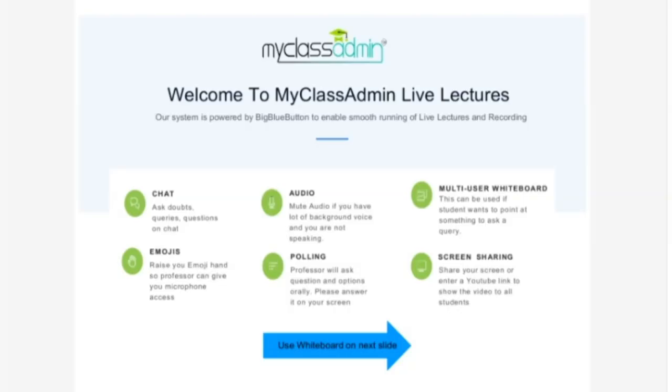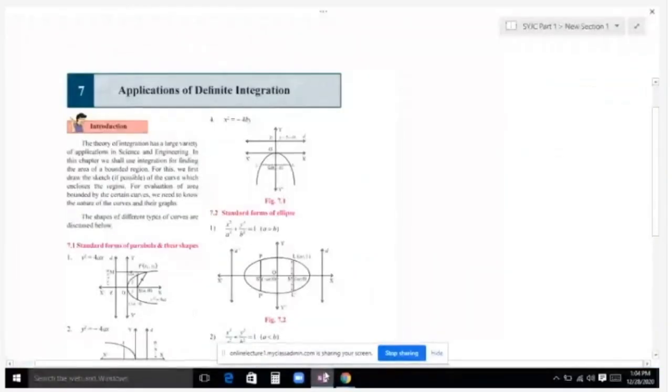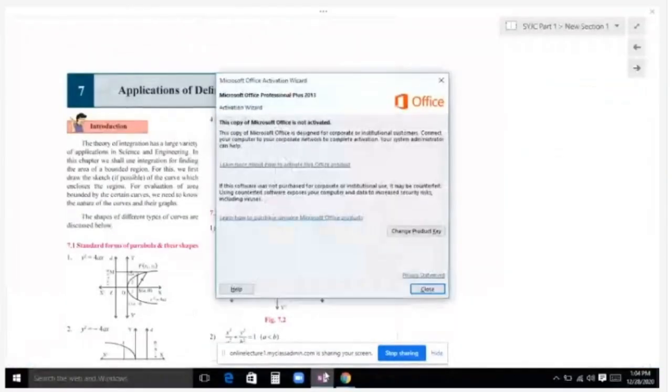That means whenever we want to find the area between the curve and x-axis, that area can be obtained only by using a definite integration.